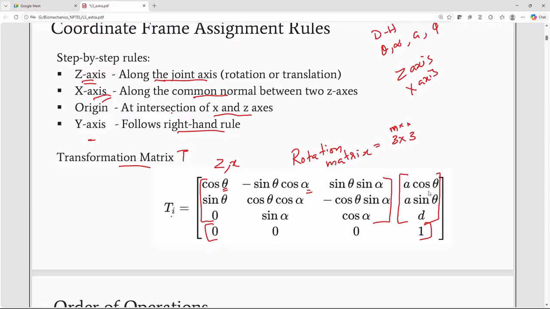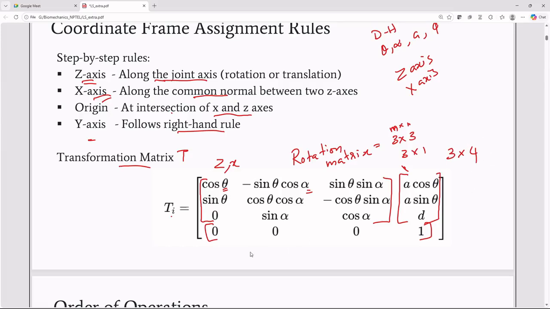Here you can say it's 3 rows and 1 column, so it will be 3 by 1. When combining these two, this will give us a 3 by 4 matrix. So this is not a square matrix.